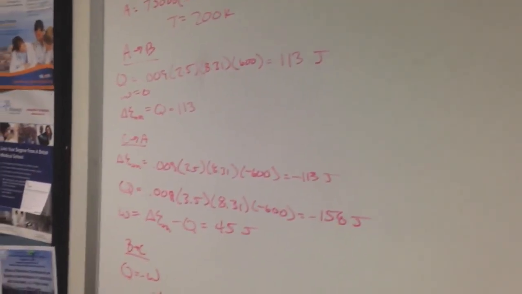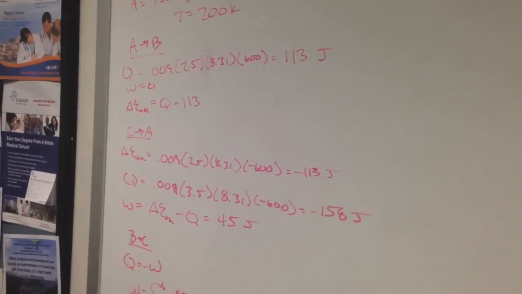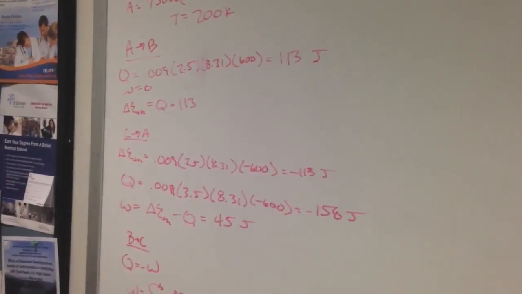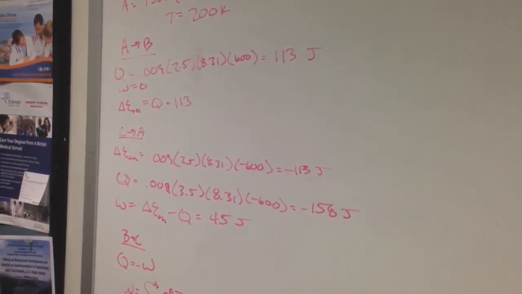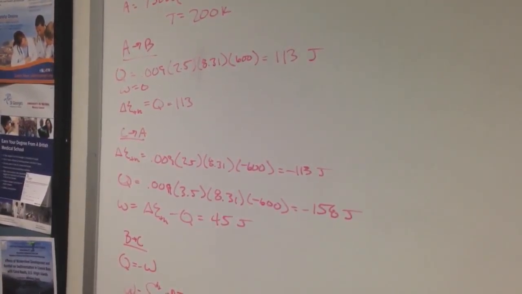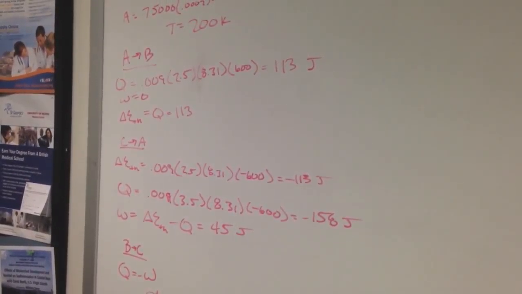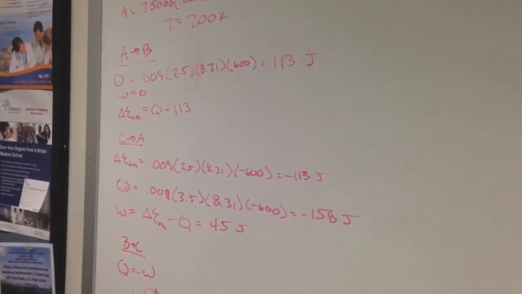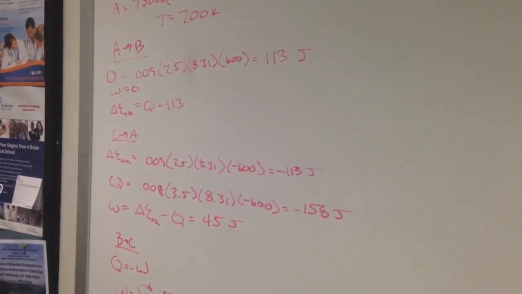All right. So the first thing we're going to do is the process from A to B. We know that A to B is an isobaric contraction starting at the pressure of 75,000 pascals.